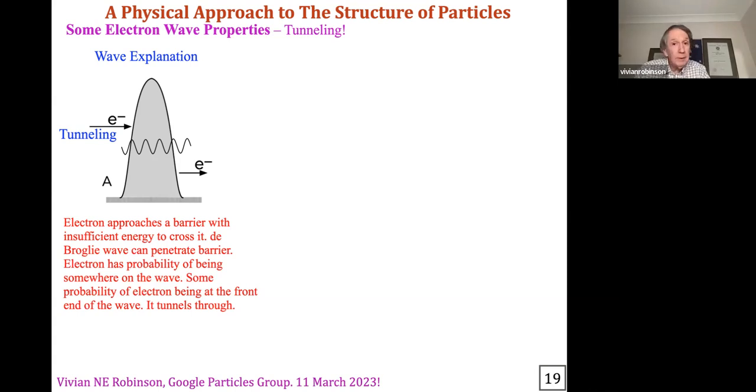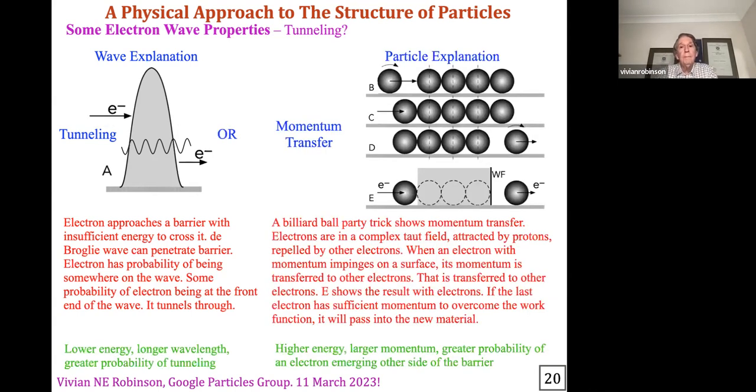But there's possibly a particle explanation. And this is just referred to as the good old billiard ball trick, where you set up a group of billiard balls. One comes along, it hits, transfers momentum all the way through, and the end billiard ball drops out. Well, electrons are in a complex field, and they're attracted by protons, repelled by other electrons.